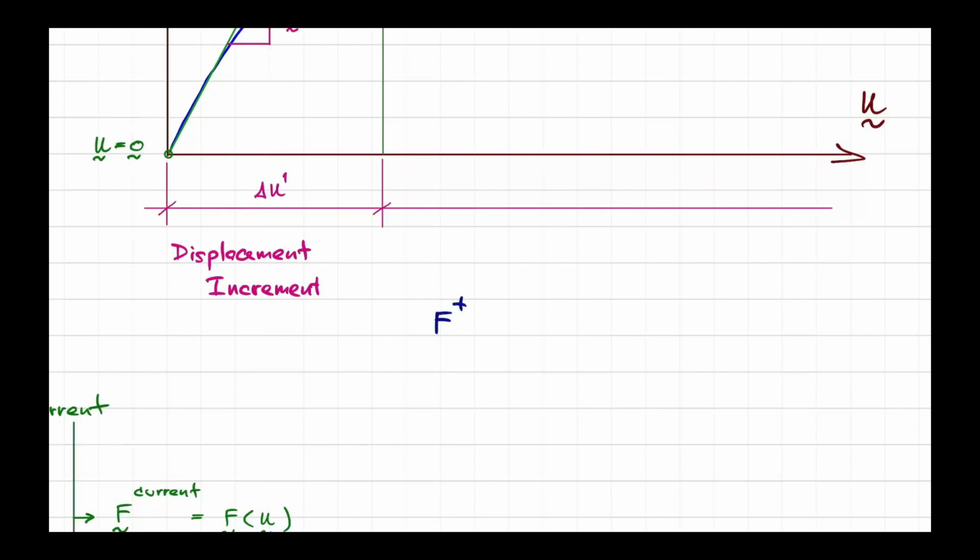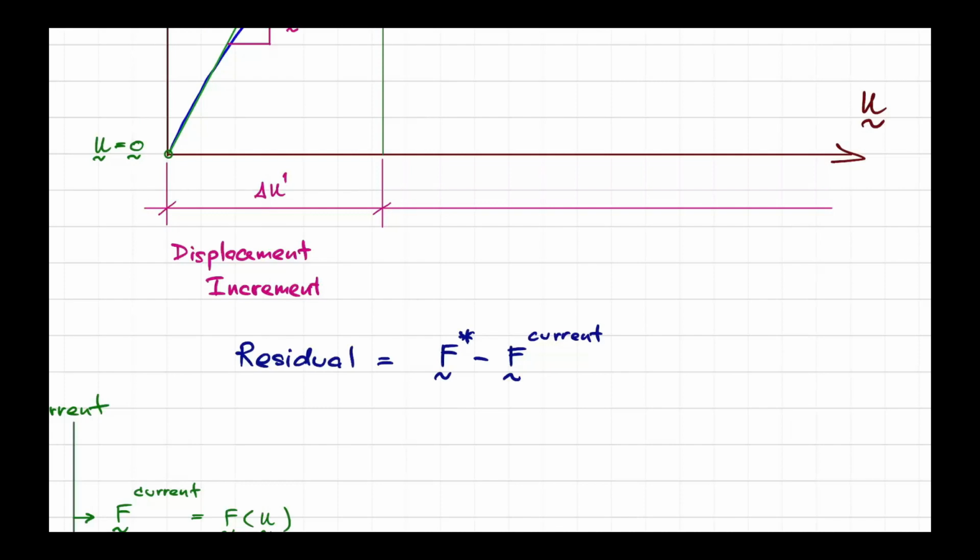So the residual equals the F star minus the force evaluated at the current point.